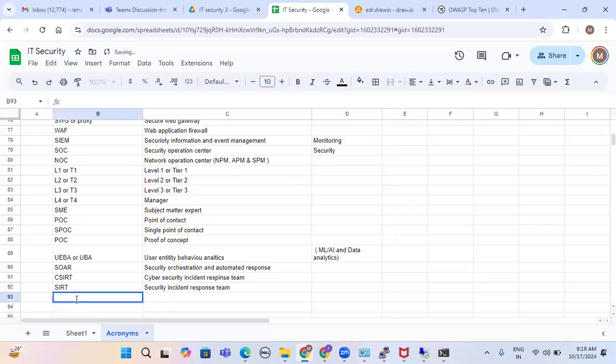That is also SOC. And in the public sector or government sector, take the police department or healthcare industry or Supreme Court or High Court, all these companies' people will not call it a SOC. They will call it CERT, Computer Emergency Response Team.